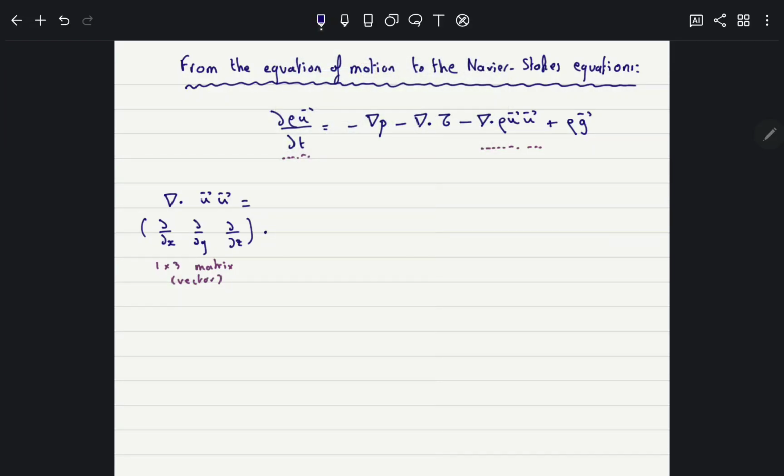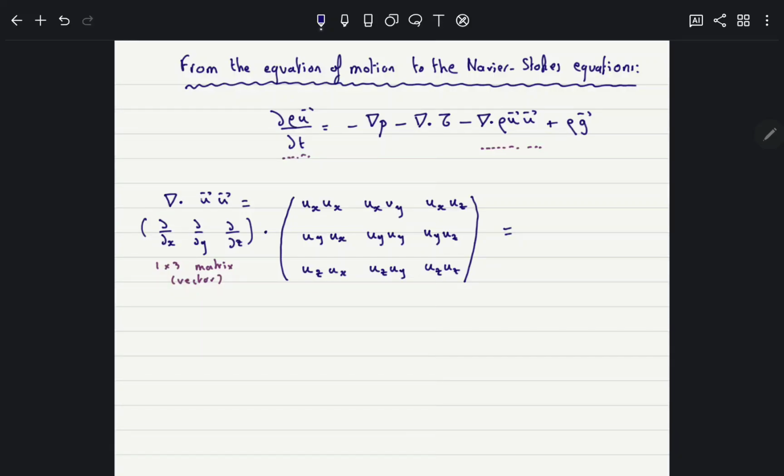And that's going to be applied to our dyadic product, which will be written as, so the first row will be ux ux, ux uy, and then ux uz. On the second row, we'll have uy ux, uy uy, and uy uz. And finally, on the last row, we'll have uz ux, uz uy, and uz uz.